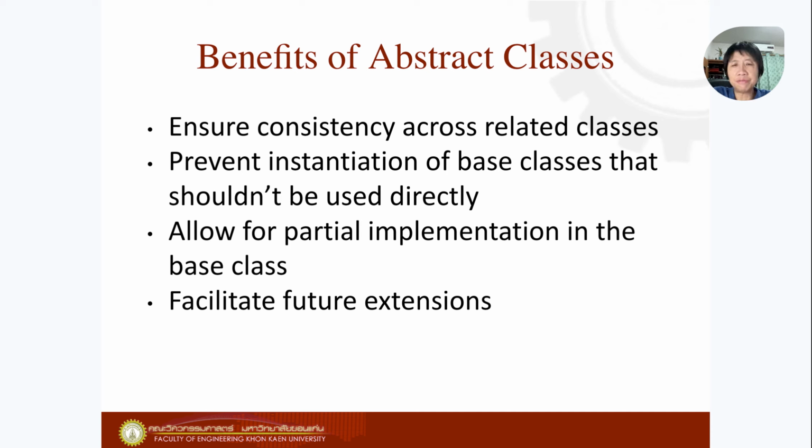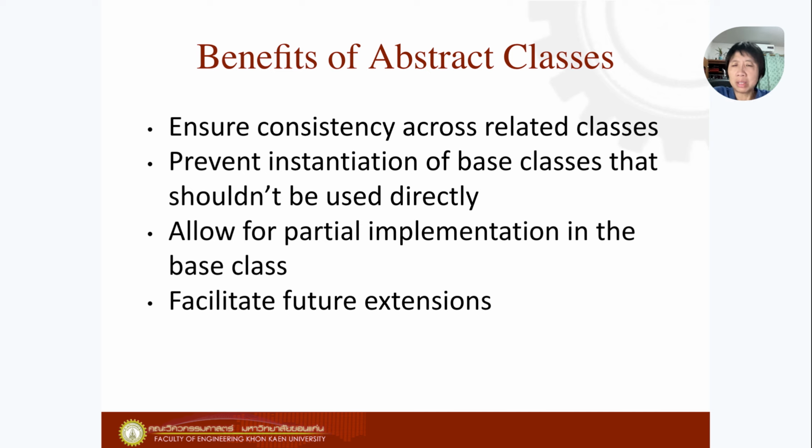And these are the benefits of abstract classes. They ensure consistency across related classes and prevent instantiation of base classes that should not be used directly, right? Instantiation here means creating the object, right? I should not create an object of shape, because shape can be anything, or I cannot create an object of animal because animal can be any type of animal.